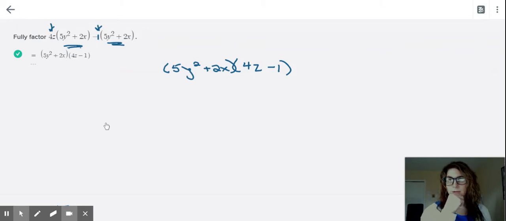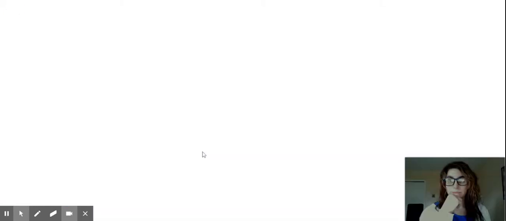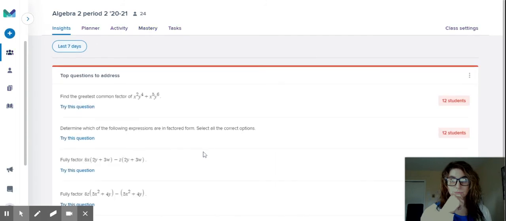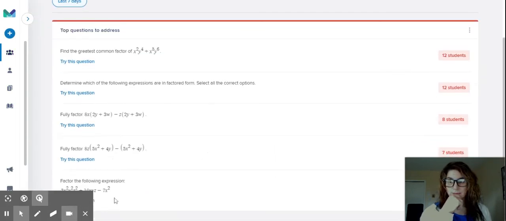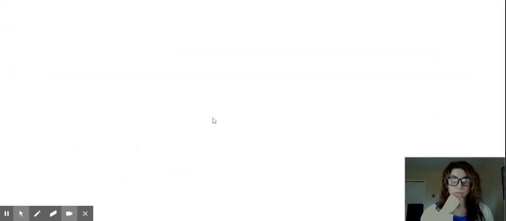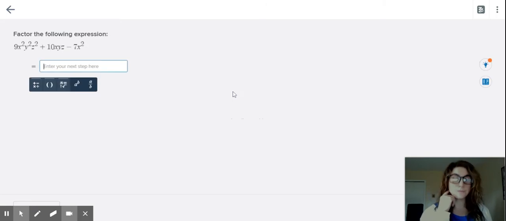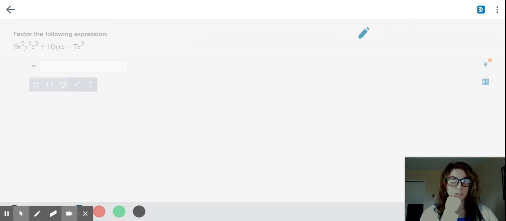And then our very last problem. Okay. Again, we want to factor that completely. So we're going to look for GCFs first and then see what else we can do.